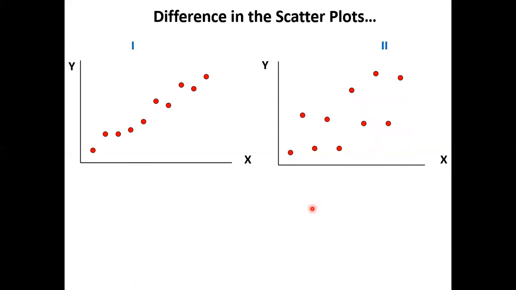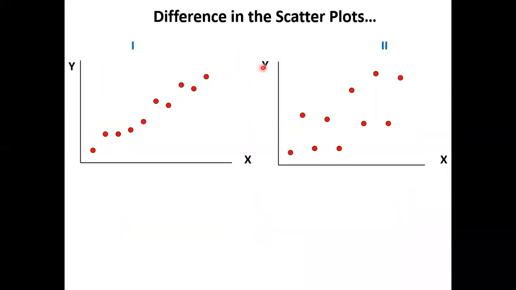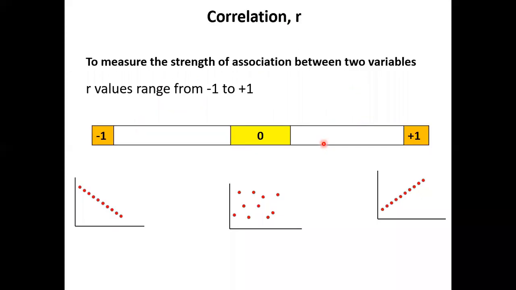So for that, we do correlation. How strong is the association? Number 1, very strong. Number 2, not so strong. The correlation value ranges from -1 to +1, center 0.